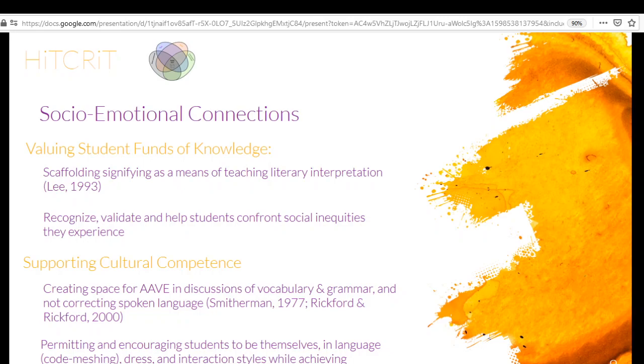They have the capacity to communicate quite well. So one way that we talk about supporting socio-emotional connections, partly because Dr. Foster is an educator who was schooled in linguistics herself, is to always keep in mind students' language and their language capacities.